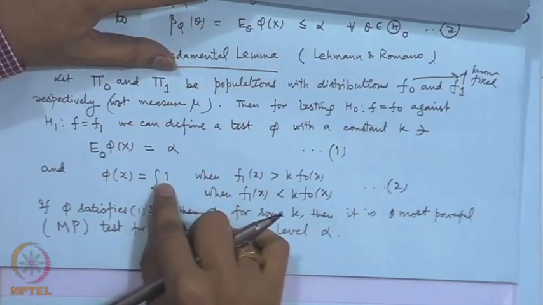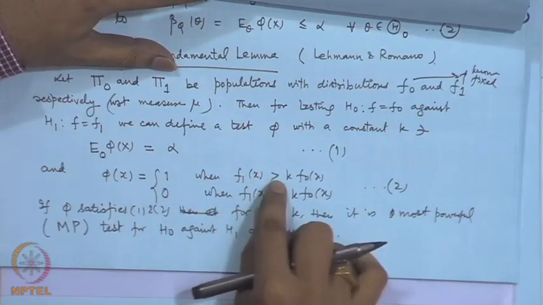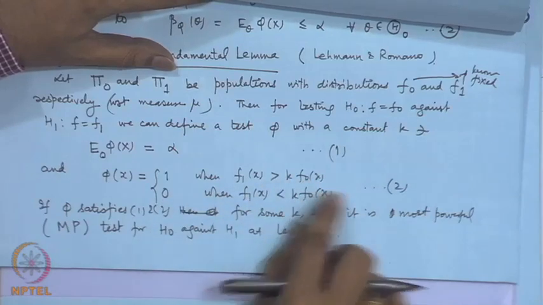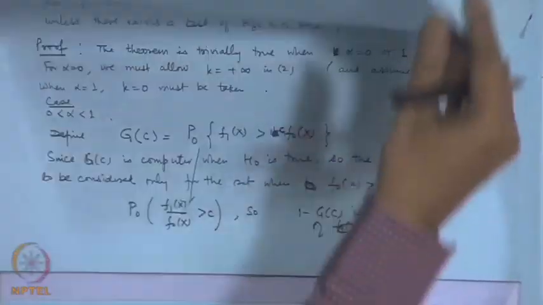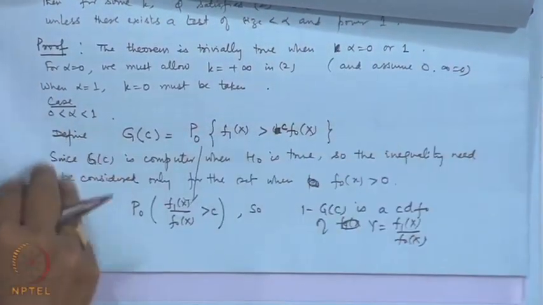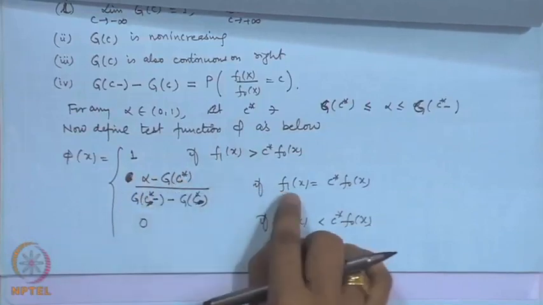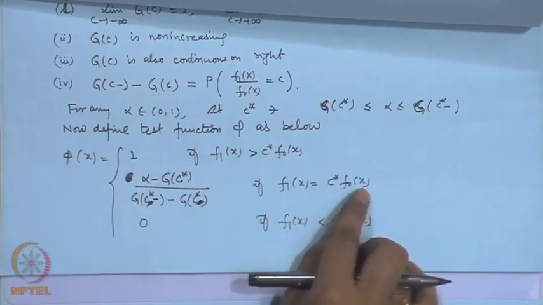If you remember the form of the test in the Neyman-Pearson lemma, I will recollect it here. It is: reject H naught when f 1 x is greater than k times f naught x, and accept when f 1 is less than k f naught, and we reject with probability gamma when f 1 is equal to a constant times f naught x.